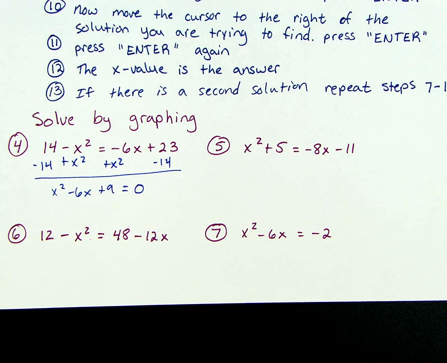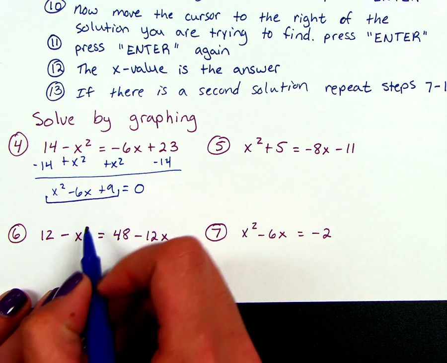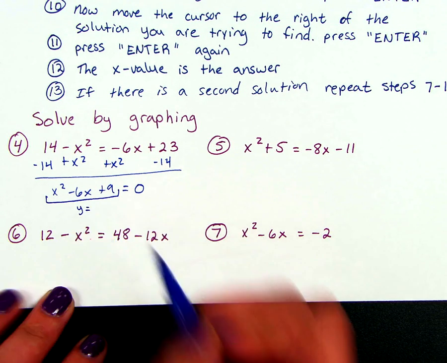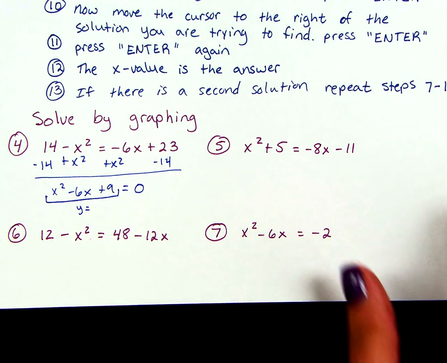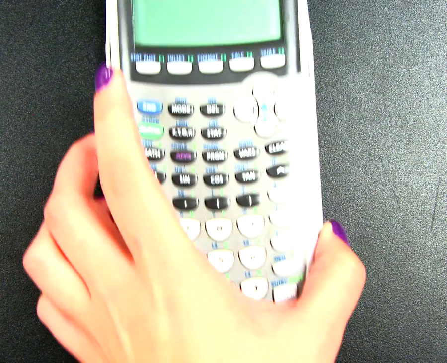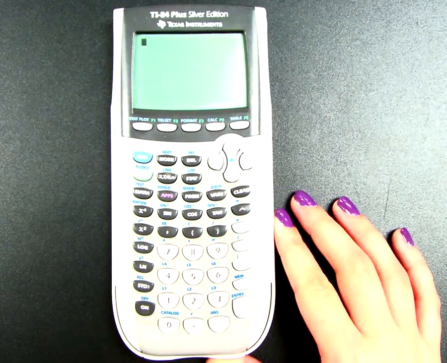So if we're going to solve by graphing, we're going to type this part into the y equals on our graphing calculator. So please write this down or pause the video so that you can write it down. And then we are going to switch to our graphing calculator. So you're going to want to start on the home screen.